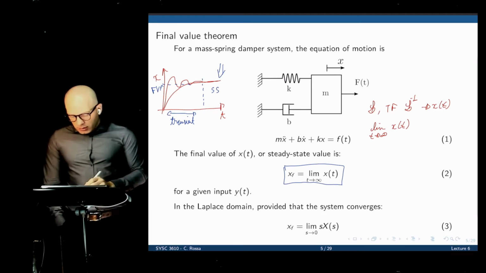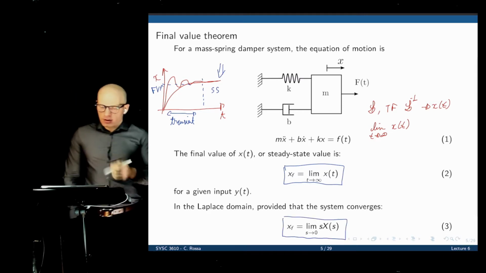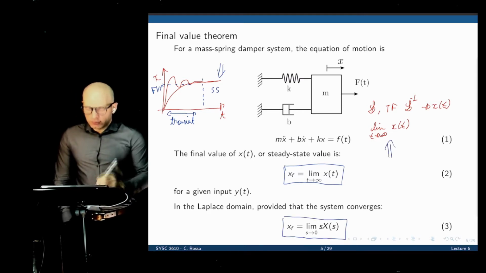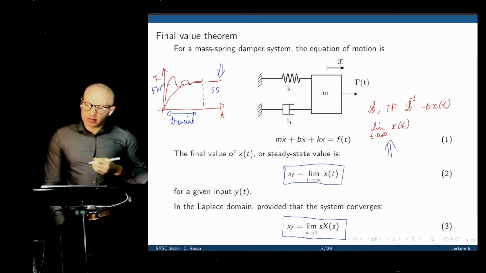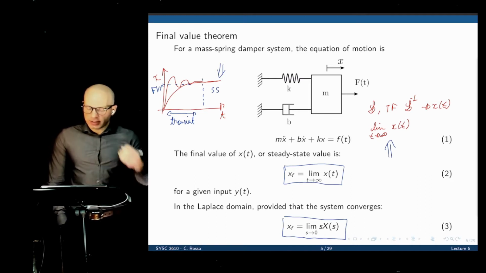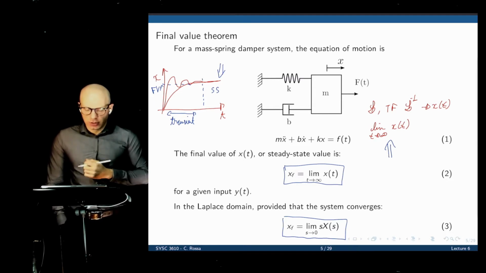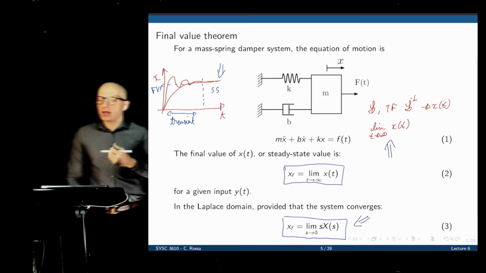Instead, we can use the final value theorem, which states that to find the same value as time tends to infinity of x of t, we can simply take x of s, that is the displacement in the frequency domain, multiply that by s and make s tend to 0. So that's the theorem: the function itself times s when s tends to 0.